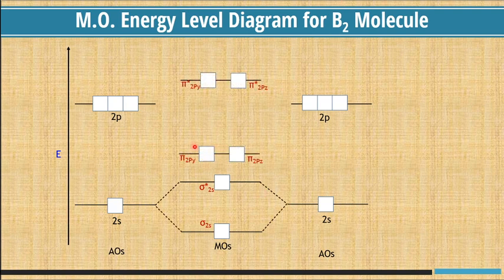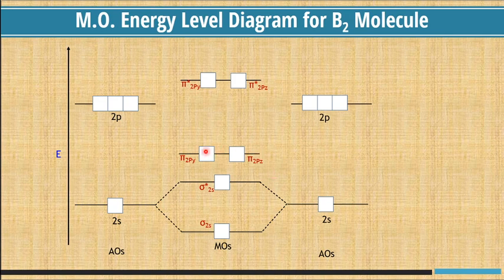Similarly, the 2py and 2pz orbitals of the first boron atom combine with the 2py and 2pz orbitals of the second boron atom and give rise to the pi 2py, pi 2pz bonding molecular orbitals and pi star 2py and pi star 2pz antibonding molecular orbitals.